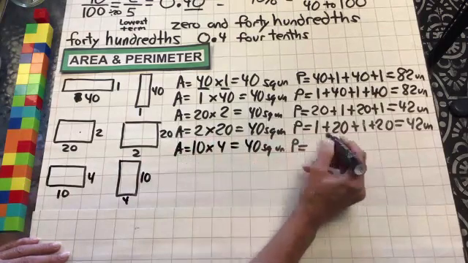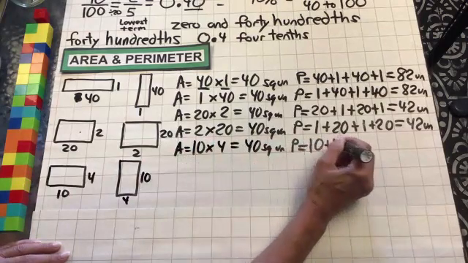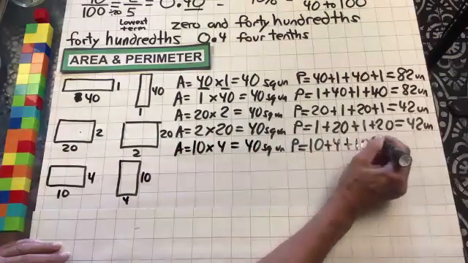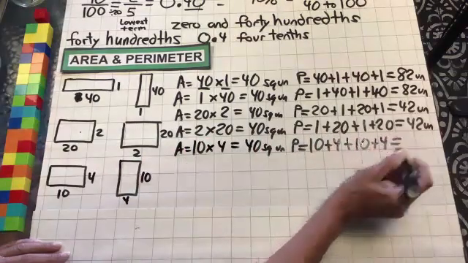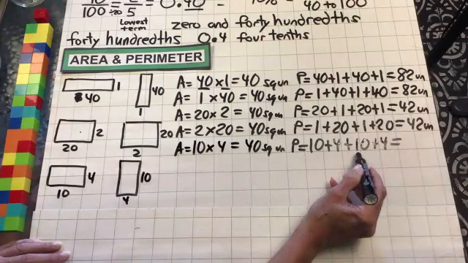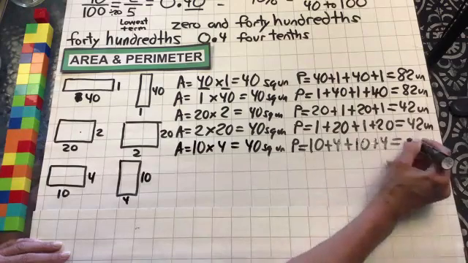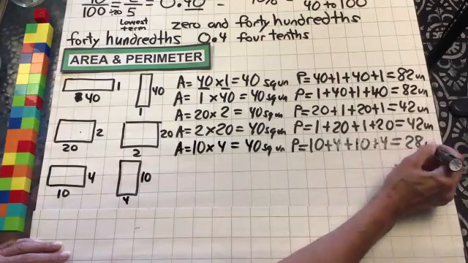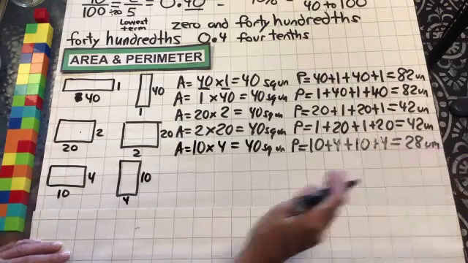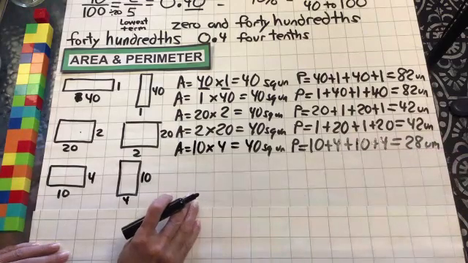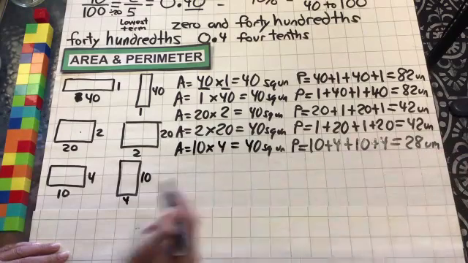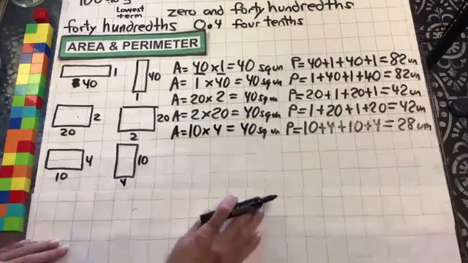The perimeter would equal 10 plus 4 plus 10 plus 4. So 10 plus 10 is 20, 4 plus 4 is 8, so this would be 28. See how once you start making it closer to a square, you get less perimeter because you're getting more blocks in the middle.